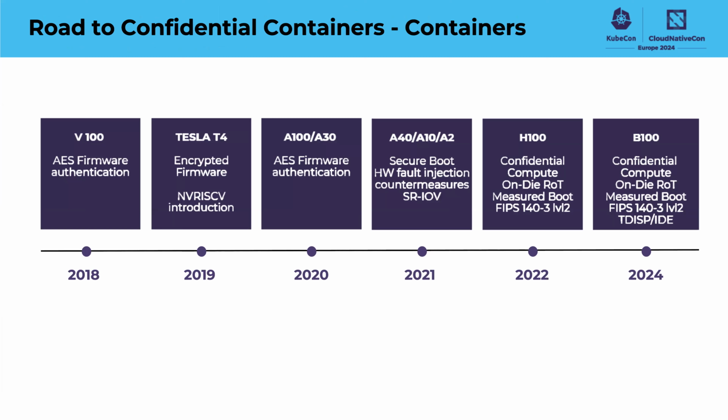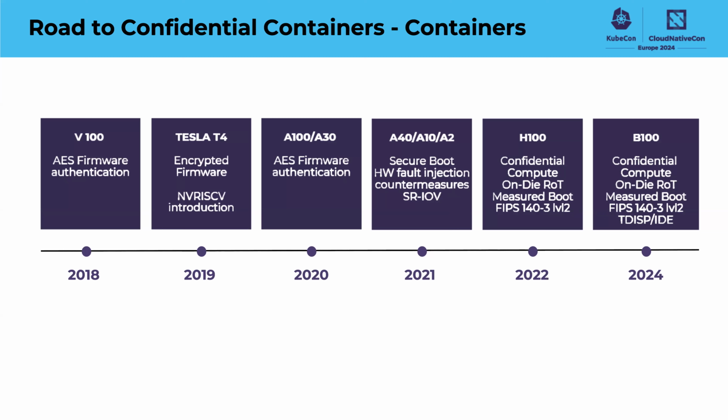It maybe even started before 2018, but I'm just highlighting some of the things that were added to the GPUs, like firmware authentication, encrypted firmware, and secure boot on the GPUs. And then with the H100, which is the first confidential compute GPU, there is an on-die root of trust where we can do measured boot, and it has FIPS level 2 certification.